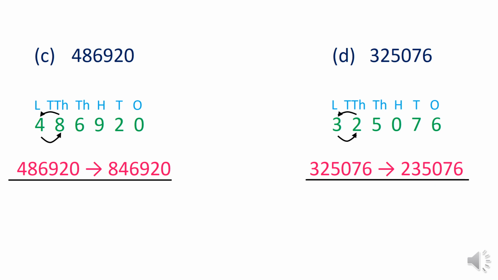So the number 4,86,920 becomes 8,46,920. So our answer is 8,46,920. One question is remaining. Do that as homework.